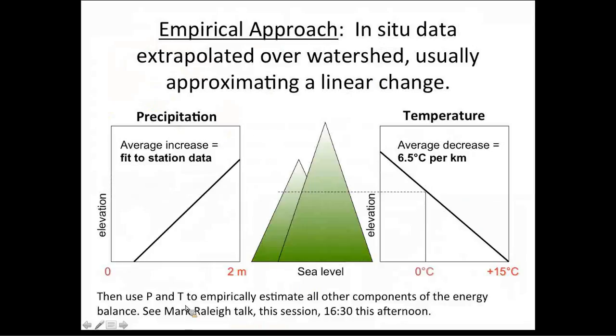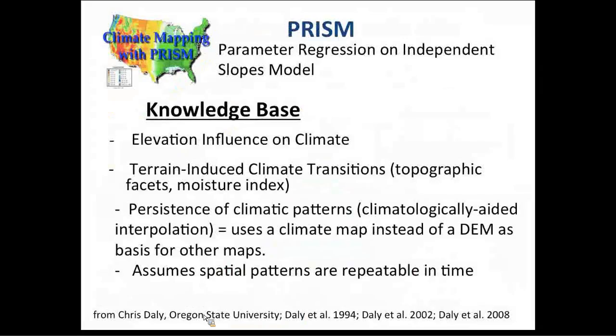For comparison, if we're running a hydrology model, we might also take a more empirical approach where, on average, we would assume that precipitation increases over a basin. Here I've shown on the left plot there's an average increase, which can be fit to station data, where it might be very low at the bottom and increases as you go up the mountains.